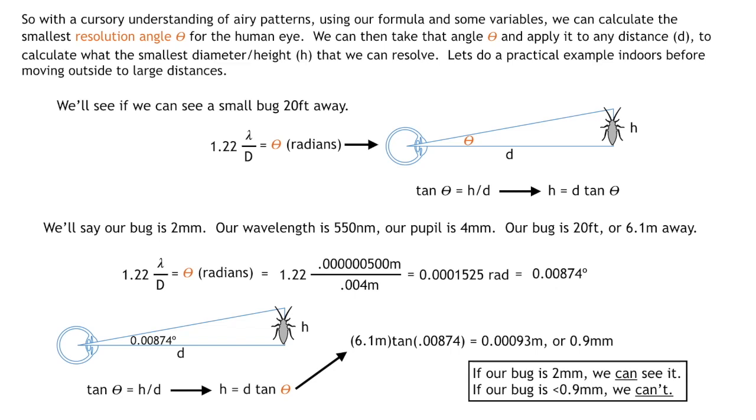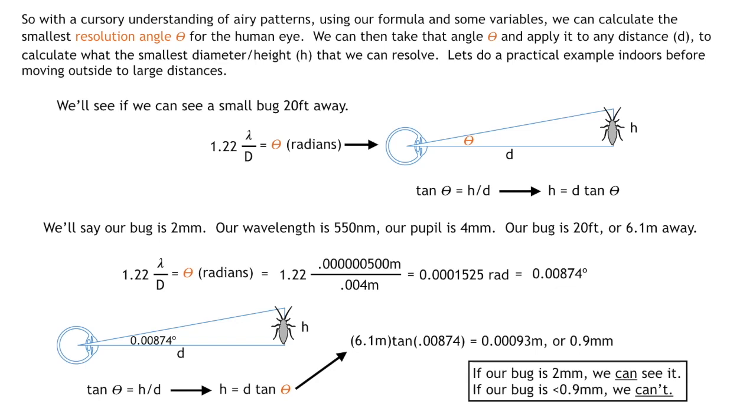Make sure you convert radians to degrees, which is 57.3 degrees per radian, and you come out with a number of 0.00874 degrees.